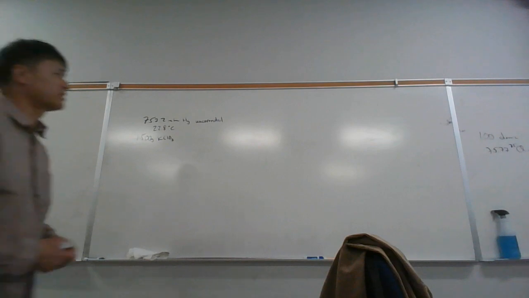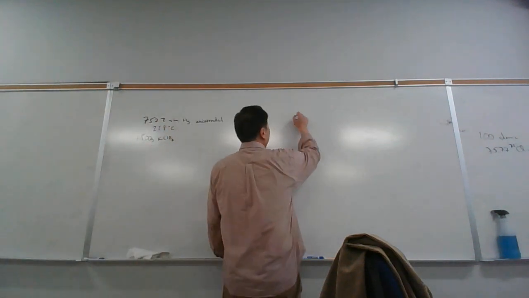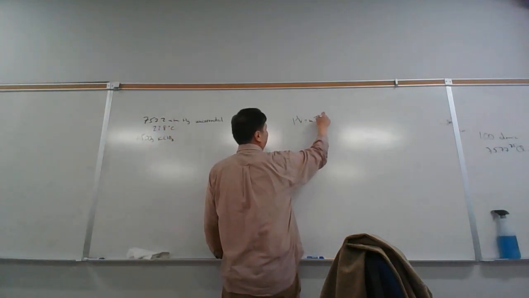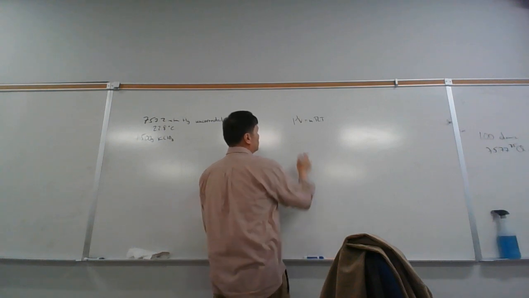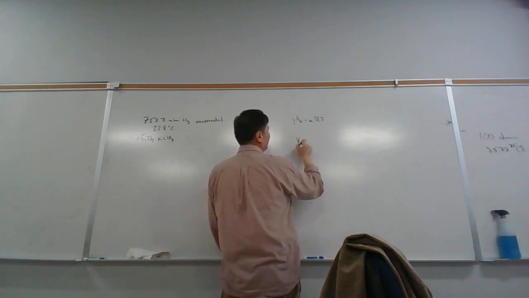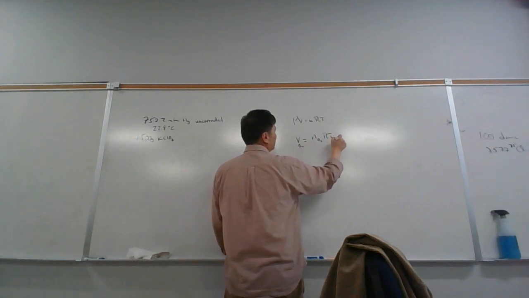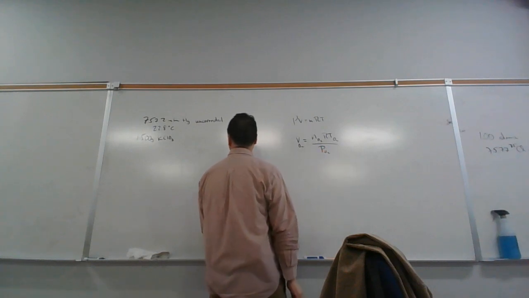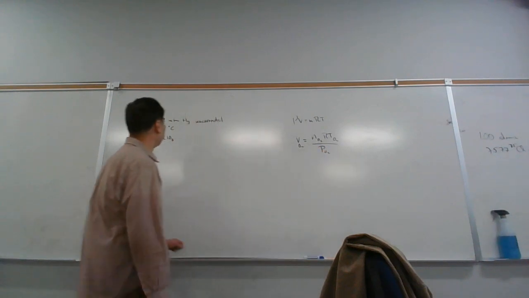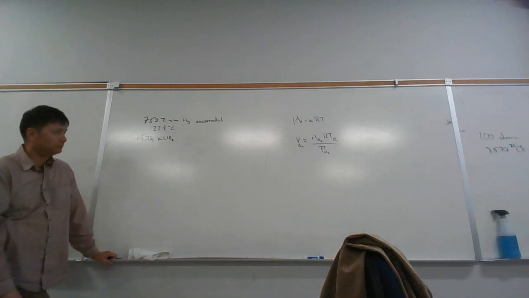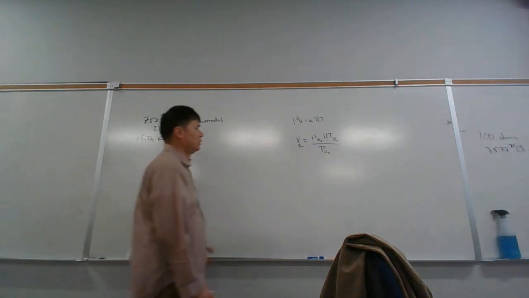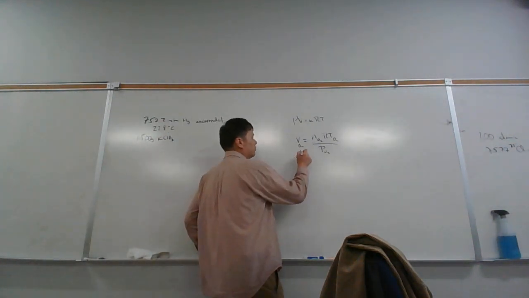Yeah. In chapter 6, we use PV equals nRT. And so we want the volume. The volume of O2 is going to equal the moles of O2 times R times the temperature, divided by the pressure of the O2. We want the volume of pure O2.